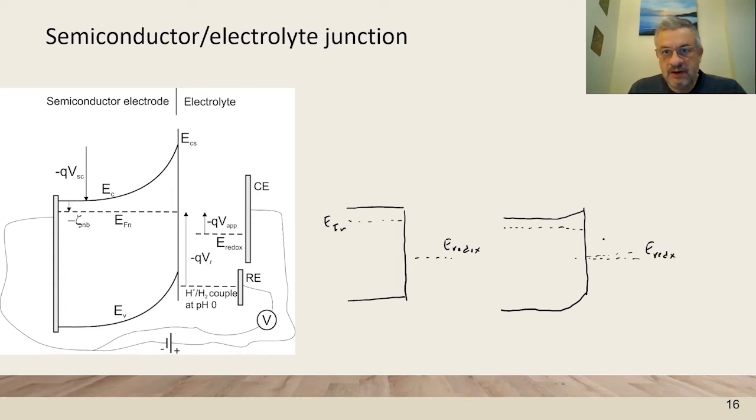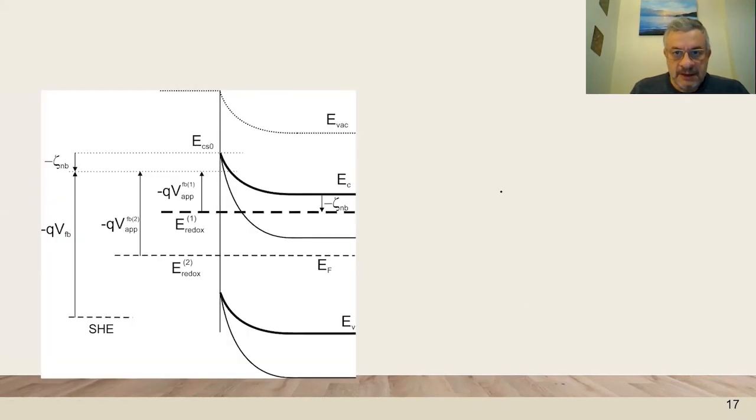This is actually at forward bias, so electrons will start to jump into the solution and we will get a current. And here we can do also corresponding to the change of the work function of the metal. Here we can change the redox energy in the electrolyte.